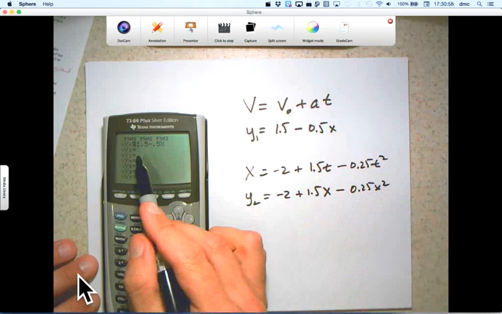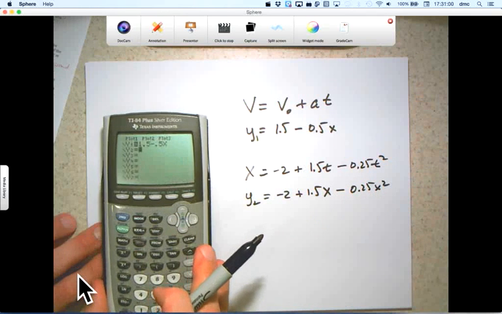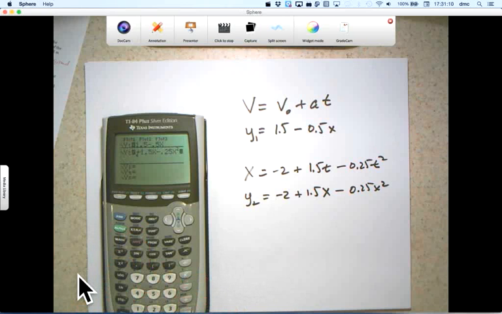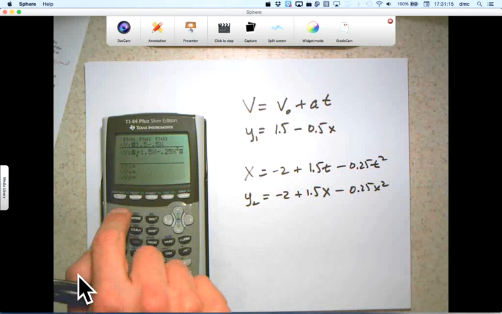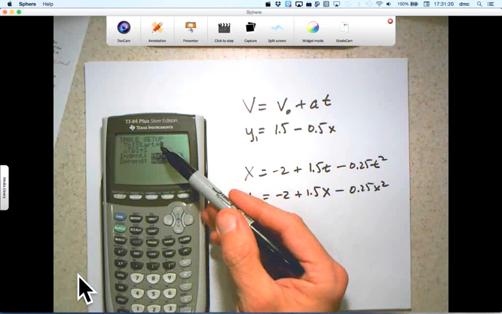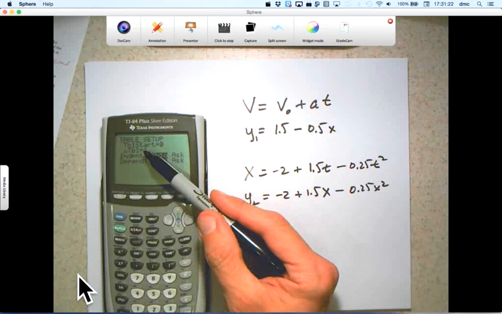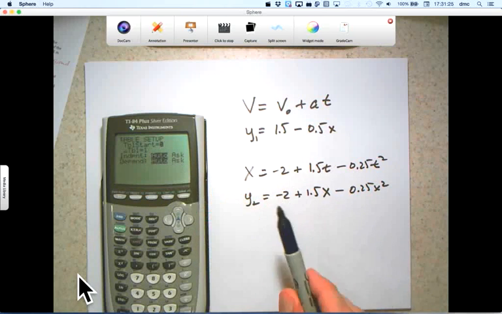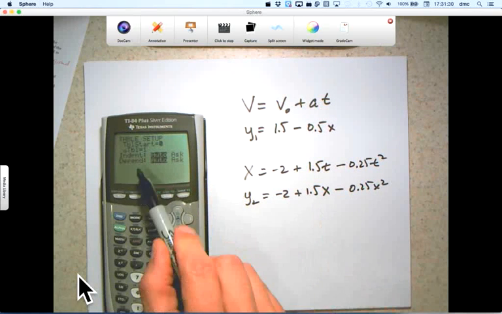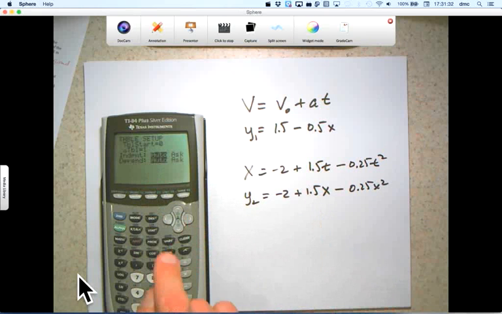So there's the equation for the position function. Now, above window you see table set. If we do second window, table set, the default automatically starts at 0, which is good since my time is 0, and it increases by 1s. If I wanted it for 0.5 seconds, then 1 second, then 1.5 seconds, I would increase by halves.